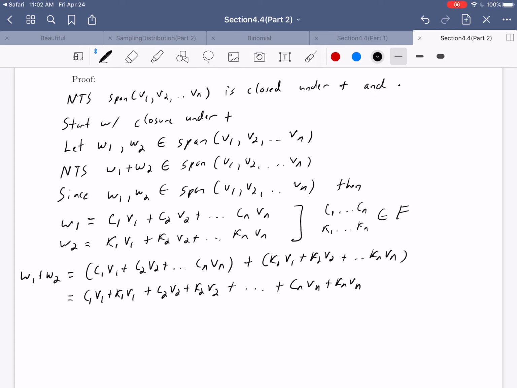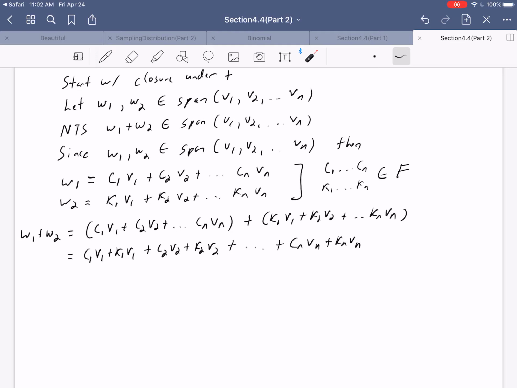And then we can do a little factoring here. We know that we have the distributive property when we're working inside of a vector space. So we can factor these and write this as (c1 plus k1) v1 plus (c2 plus k2) v2 plus and so on through (cn plus kn) vn.